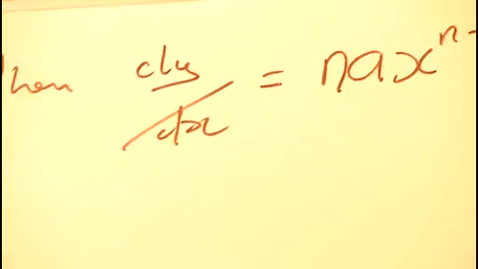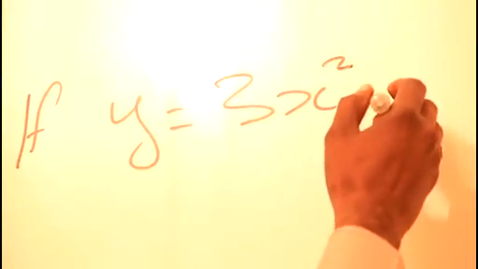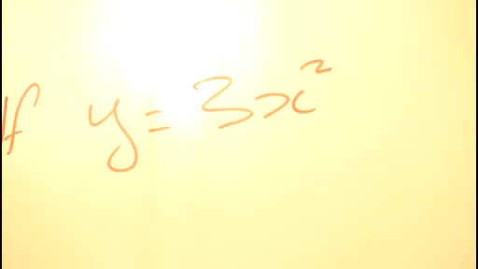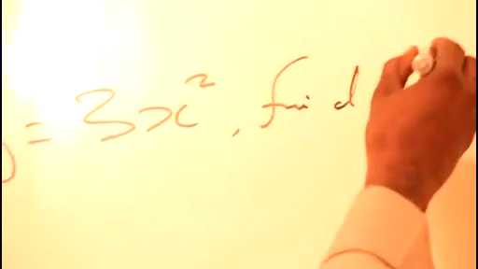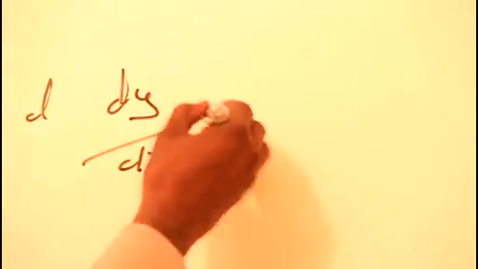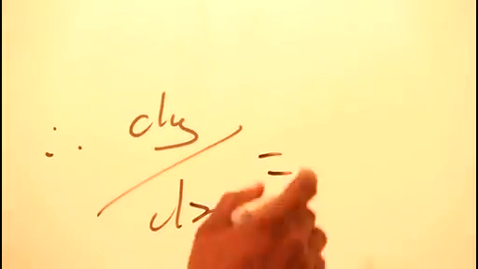So if you are given y equal to 3x squared, and we're asked to find dy over dx, it's very simple. In applying this, we say therefore dy over dx will be equal to, now, 2 will be multiplied by the coefficient.